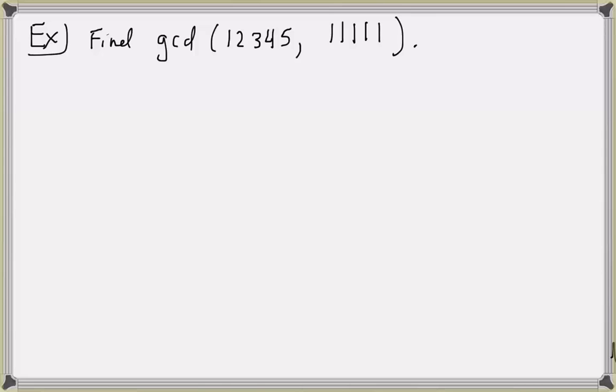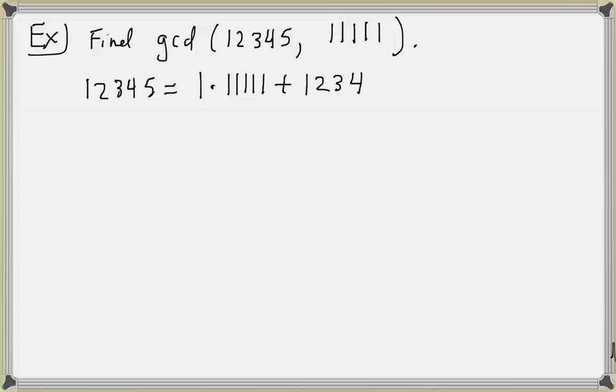So I'm going to start by dividing 11,111 into 12,345. So 12,345 equals 1 times 11,111 plus a remainder of 1,234.